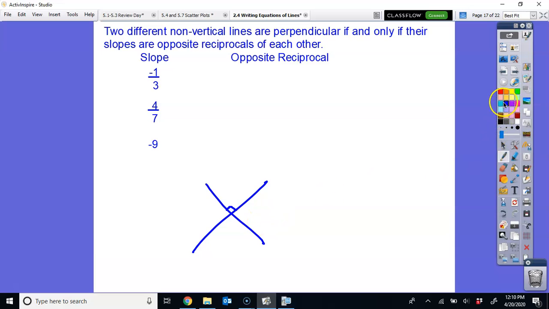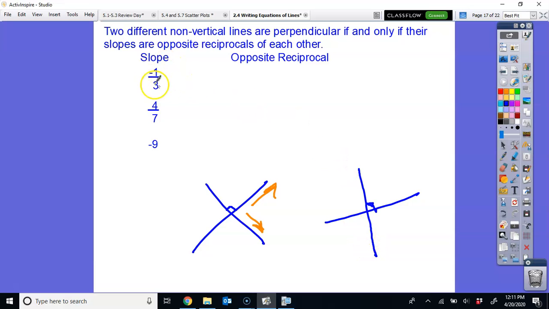One of the slopes, obviously, if you look at this, hopefully you can see, is going down. The other slope is going up. And they're going to be opposite and reciprocal. What that means is you have a really flat line going this way. The perpendicular line is going to be really steep going the other way. Opposite and reciprocal.